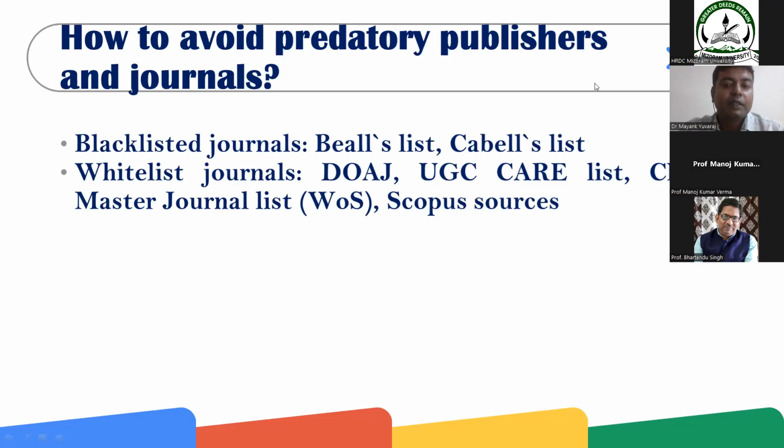Then Scopus sources are there, which list the journals indexed in Scopus. So now I will practically demonstrate these resources, and how you are going to use these tools. All right, let me share my screen.